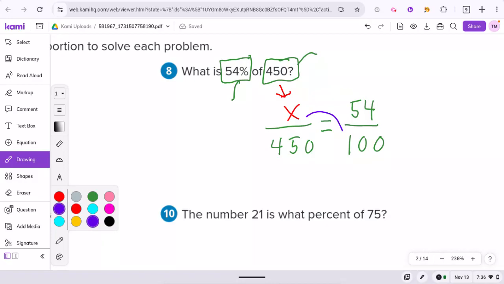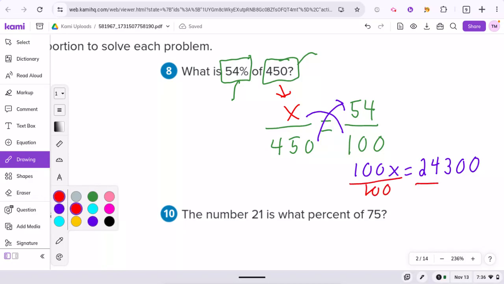So you can start with x times 100, 100x equals, and then into your calculator, you can do 450 times 54. And you'd get 24,300. And then same steps as the last problems we've done. Divide by 100 on both sides.